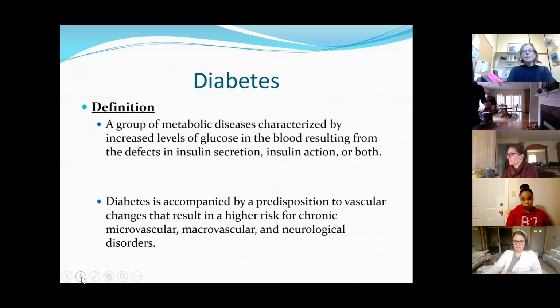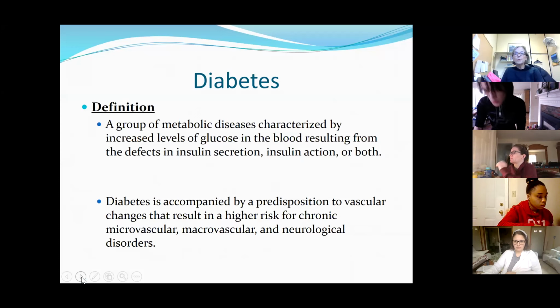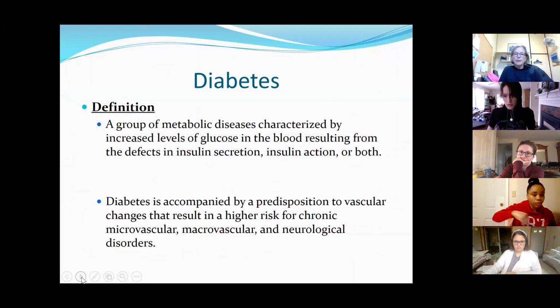So diabetes is a group of metabolic disorders that's characterized by hyperglycemia, which is an increased level of glucose in the blood. That increase in glucose is a result of one of 2 things or a combination of things.